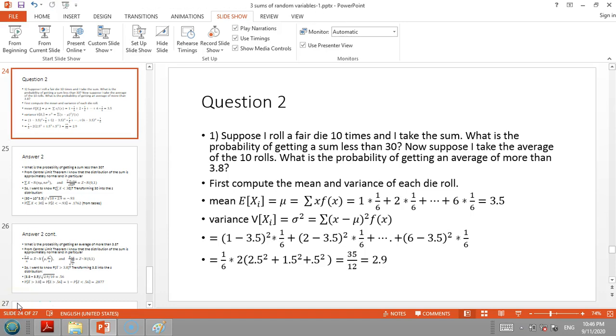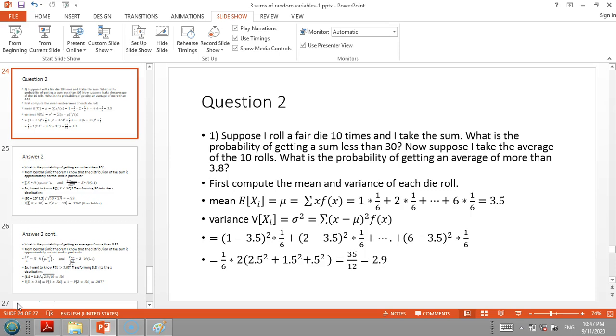Okay, so I'm back now. The whole idea, in order to answer these questions, is that I will first have to compute the expected value and variance of each roll.